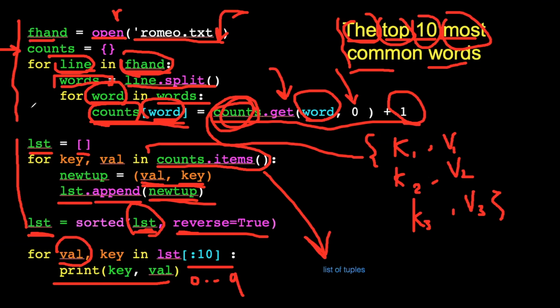First of all, you do a count, and then you create the list to rearrange it with the purpose of sorting it. This allows you to sort them in reverse order. And because they're in reverse order, the largest value is going to be the first. All you need to do is take the top 10 out of this list and then print them in a regular order, key value pair, on the screen one at a time.